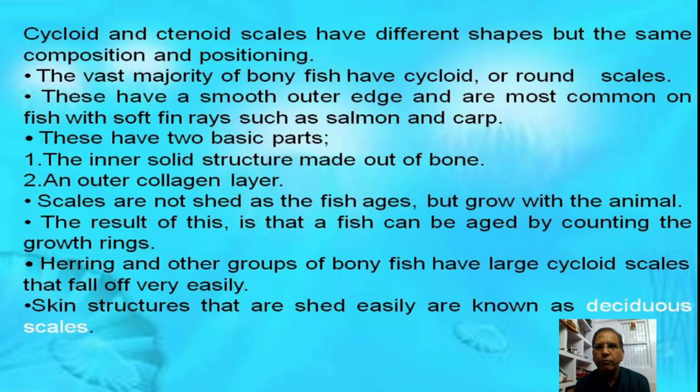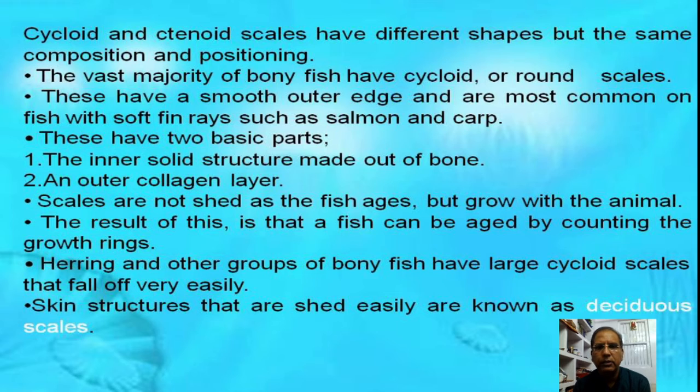The vast majority of bony fishes have cycloid or round scales. These have a smooth outer edge and are most common on fish with soft fins such as salmon and carp. These have two basic parts, as I explained: the inner solid structure made up of bone, and the outer collagen layer. Scales are not shed as the fish ages, but grow with the animal.